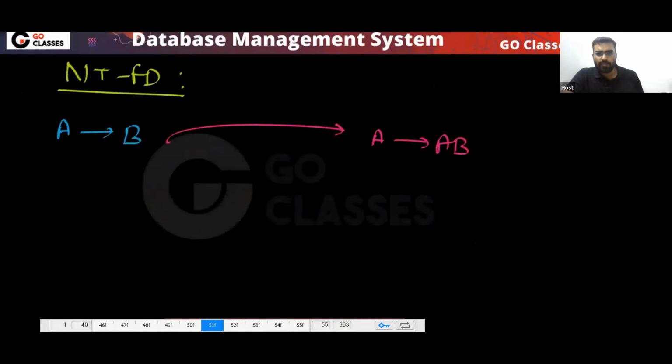Very simple point: if you have a non-trivial functional dependency like this, then you can also write it like this, and vice versa. Agree? Did you notice that?